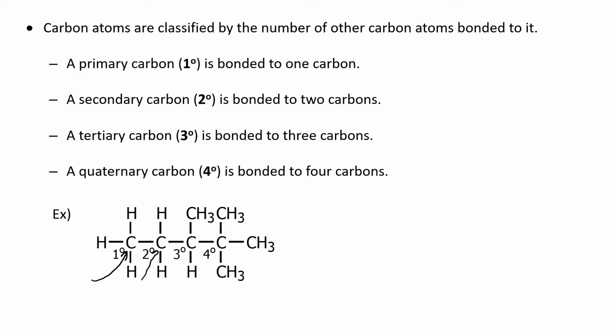For a secondary carbon, this carbon is attached to 2 other carbons, 1, 2. For a tertiary carbon, that carbon is attached to 3 other carbons. And for a quaternary carbon, this carbon atom is attached to 1, 2, 3, 4 other carbons. It's one way that we can classify carbon atoms.